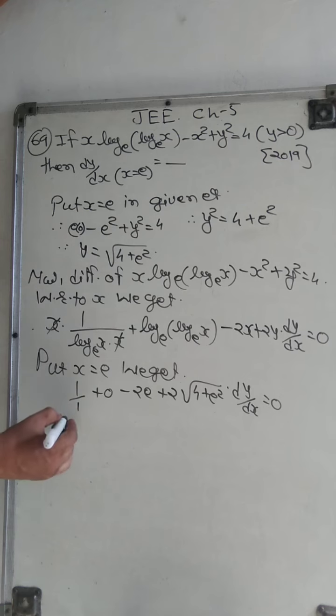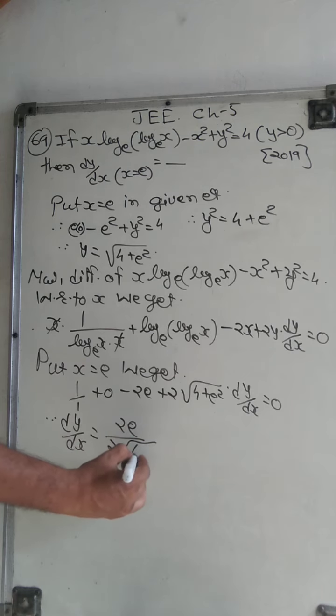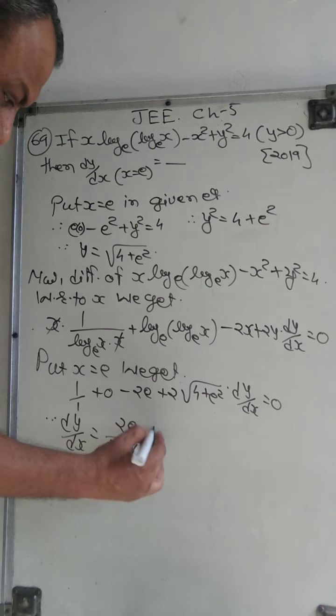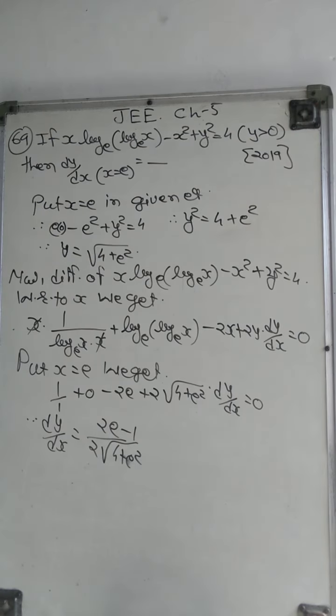So according to this, dy upon dx is equal to 2e upon 2 root 4 plus e square and there is 1 is also there, so we can say that here 2e minus 1, okay, upon 2 root 4 plus e square. So this way we can find the answer of 69. Okay, then we go for the next one.